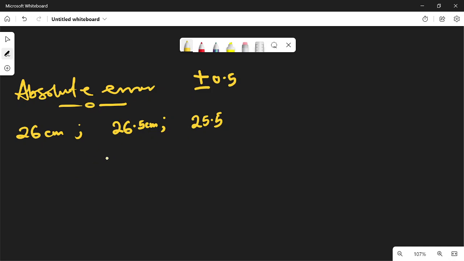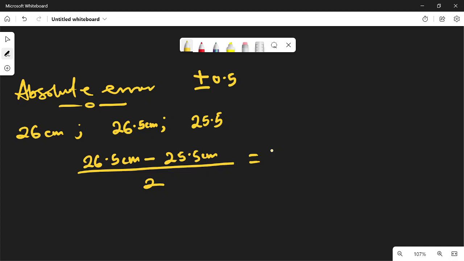So for me now to get my absolute error, I will say 26.5 centimeter minus 25.5 centimeter, divided by 2. What will this give me? That will be 1 over 2, and that will give me 0.5. So my absolute error is 0.5.